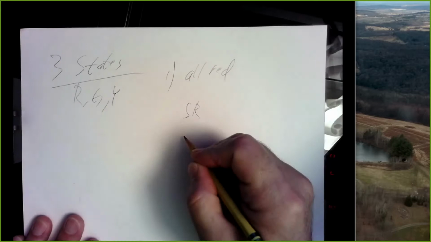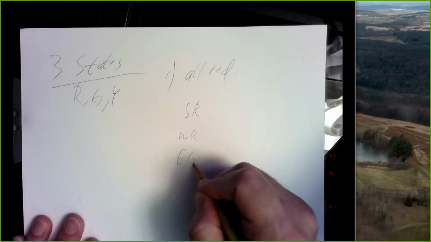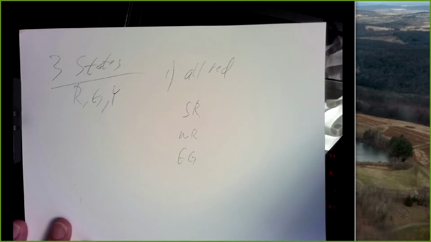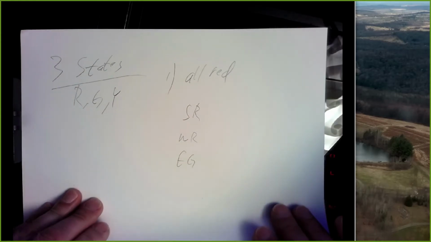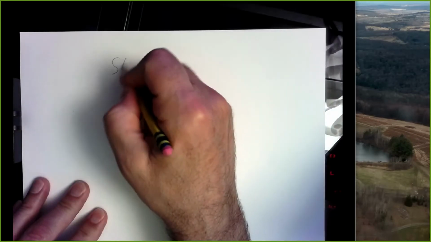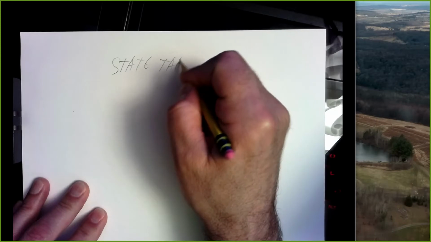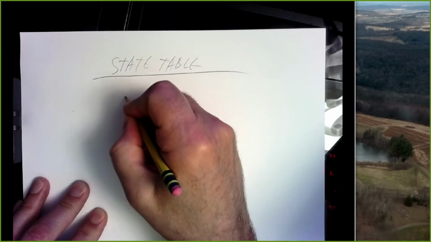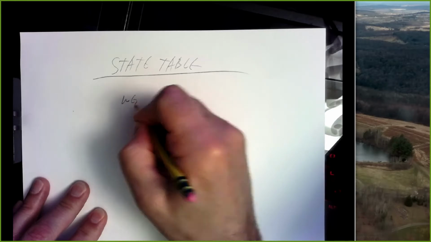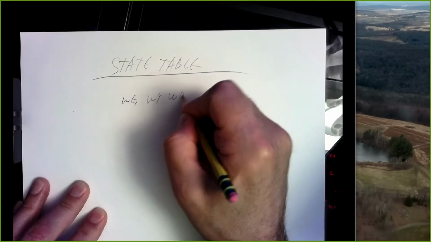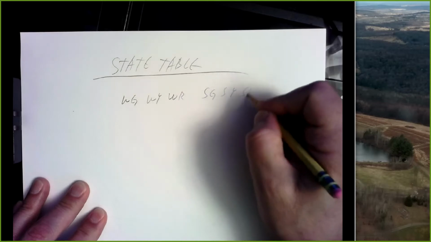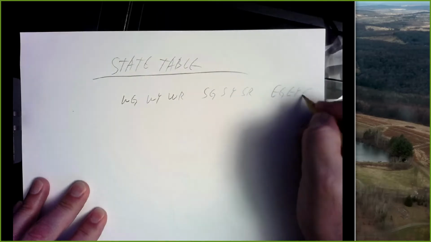Except, south could be red, and west could be red, and east could be green. 1 green at a time. So let's make a state table. So let me do west green, west yellow, west red, south green, south yellow, south red, east green, east yellow, east red.